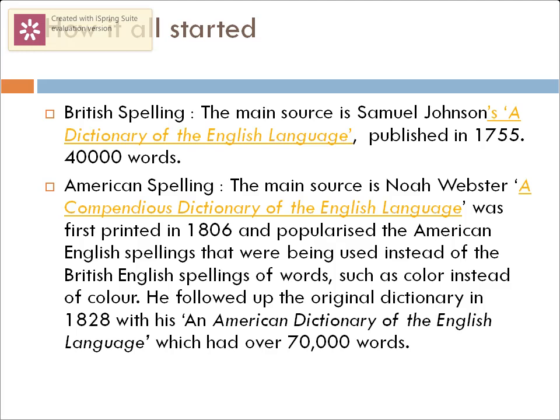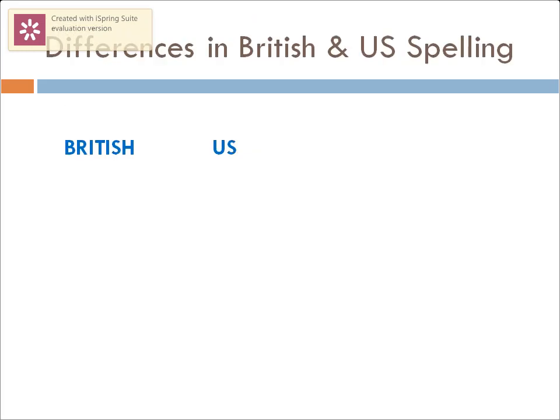So here we find that Samuel Johnson's spelling has been the main source of British spelling and Noah Webster's for the American spelling. Now let us look into the differences in the British and US spellings. One of the differences we find is in words with OUR or OR.